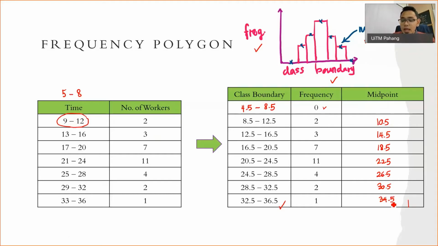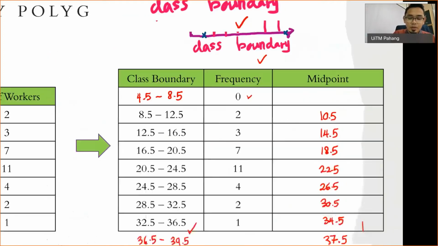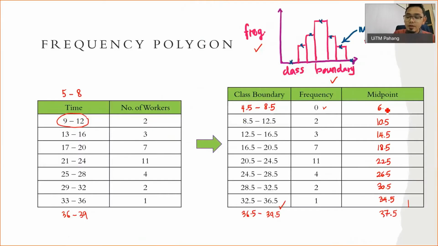Right, and actually the midpoint for the class before, and then you have to add, I think, for the after, 36.5 until, all right, so because we have 36 until 39, so the one will be 39.5. Right, so after that would be 37.5. All right, so the before that should be 6.5. So we have this midpoint.